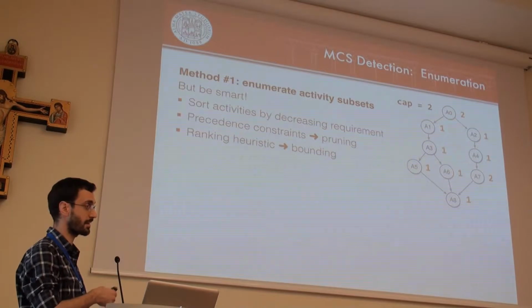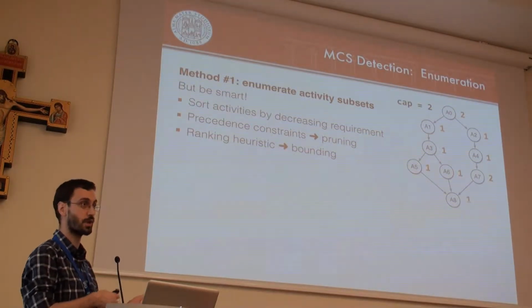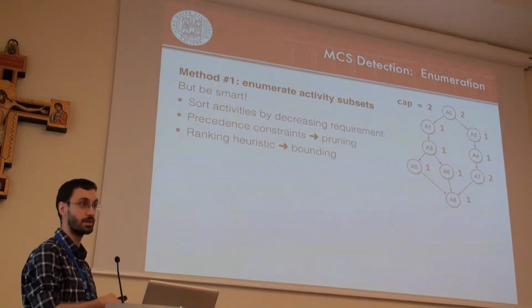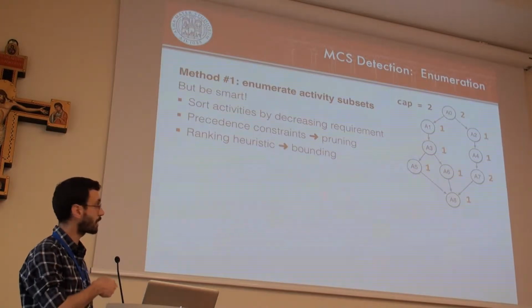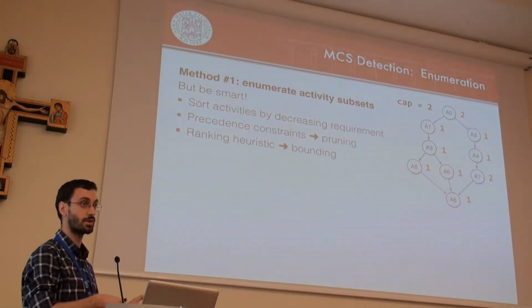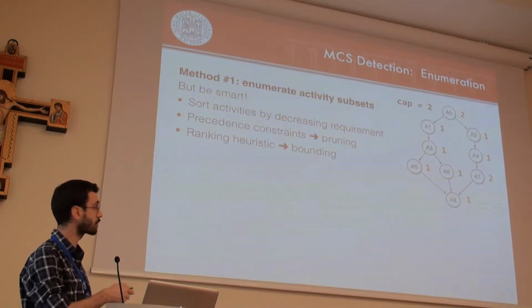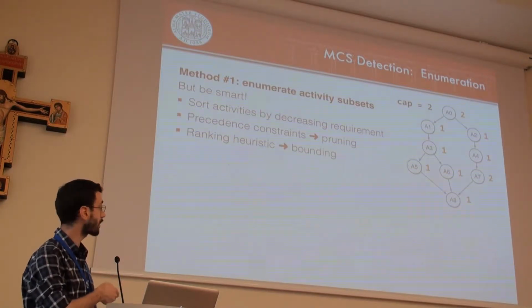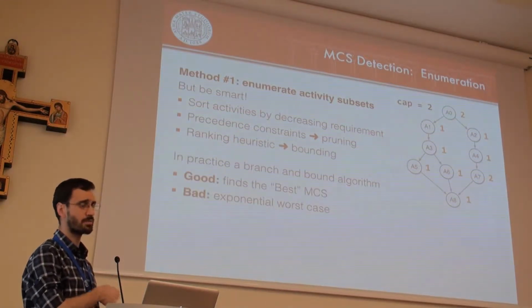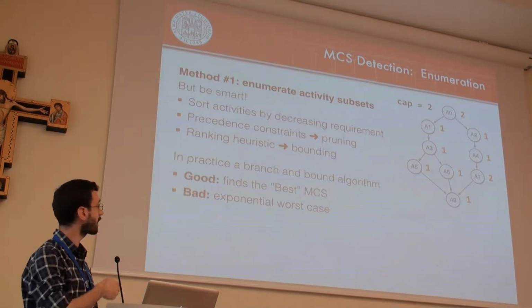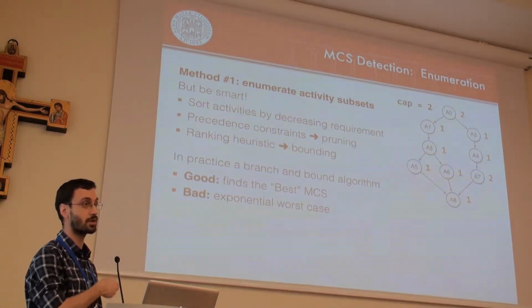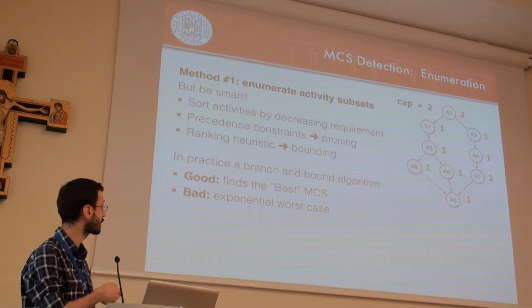You look for a minimal critical set which is good with respect to a selected ranking heuristic. And you can exploit this ranking heuristic in order to compute bounds and prune some nodes from this enumeration tree. So in practice what you do, you run a branch and bound algorithm and you find the best minimal critical set according to your heuristic of choice.